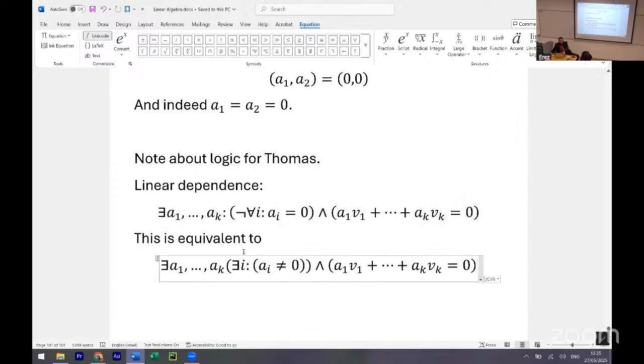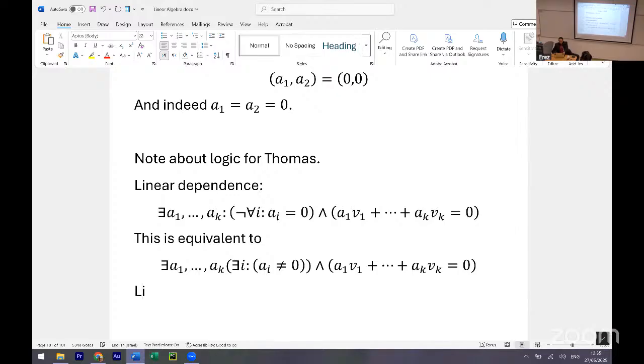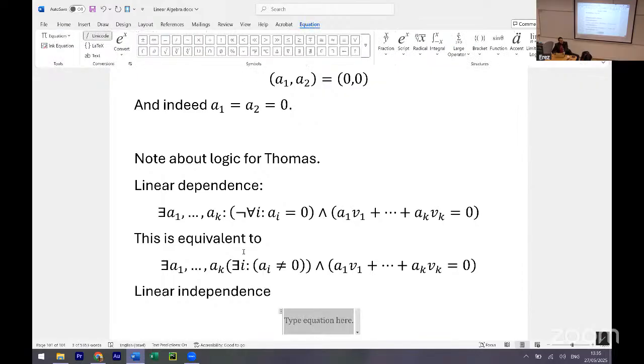So what is linear independence? The negative, the opposite of that. Yes, great. What is it? For all A1 to AK, all of them.